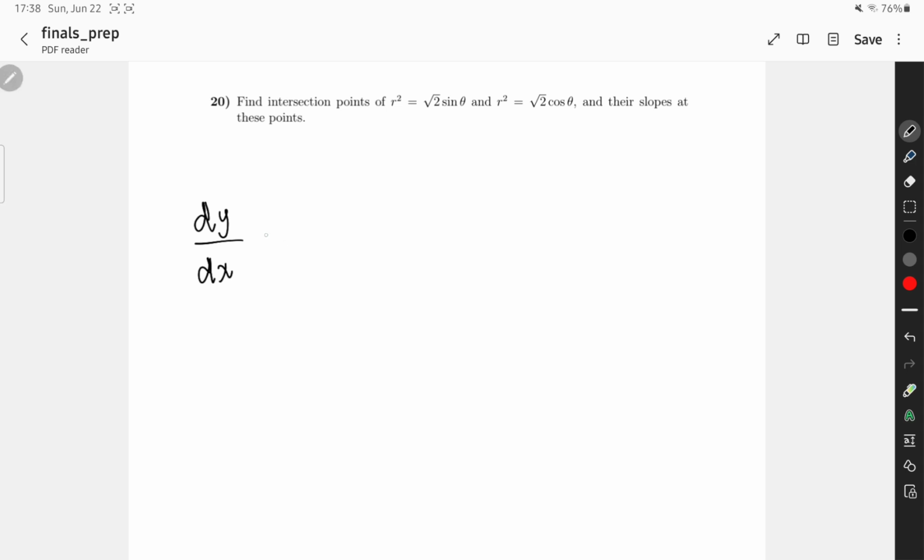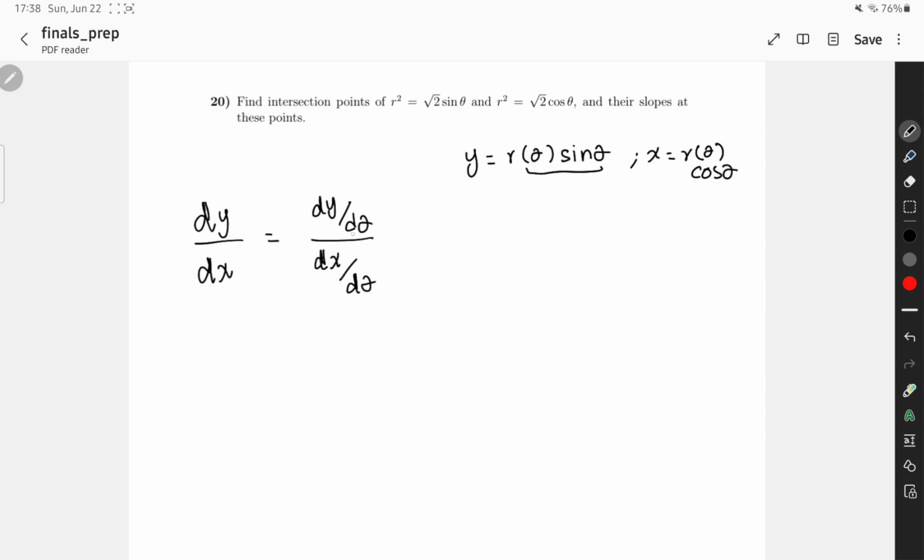We can simply use the chain rule: dy by d theta divided by dx by d theta should give you dy by dx. But y is r(theta) sine theta and x is equal to r(theta) cosine theta. Remember, these are both now dependent on theta.